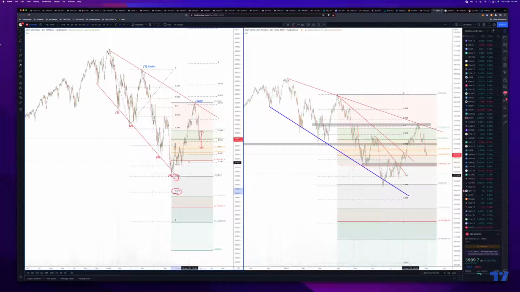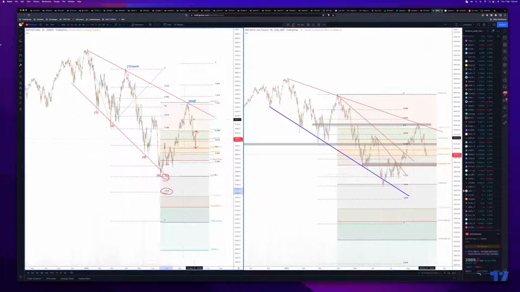Now, is this a correction or a full bear reversal? So now what we've done is from there to there, we put our Fibonacci, and it's on the 0.5 Fibonacci. If I do the fib extension from there to there to the top, it's on the 618.